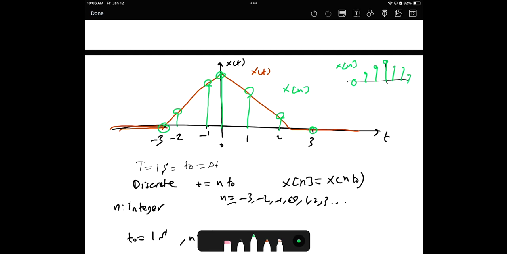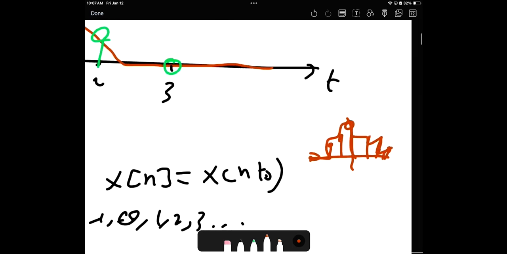Then, the thing about the discrete signal is that it depends on the time step. If the time step is big, then we don't have complete information about the signal. In other words, if you need to link these points, let me do it here, from here this way, the waveform will look like this small shape.